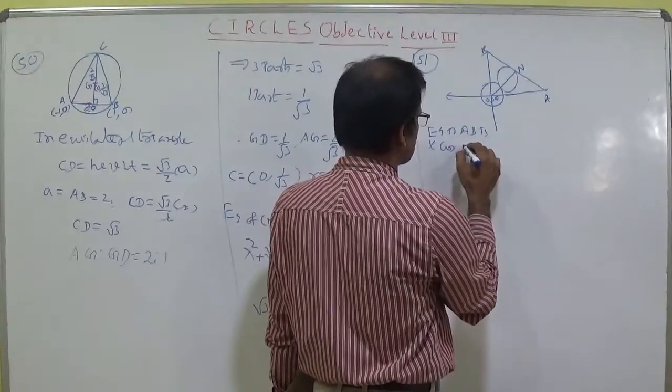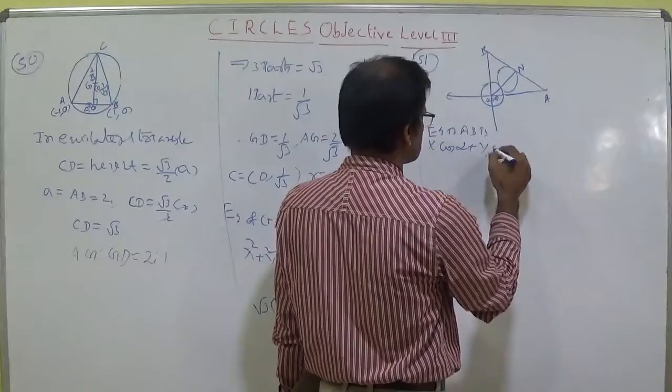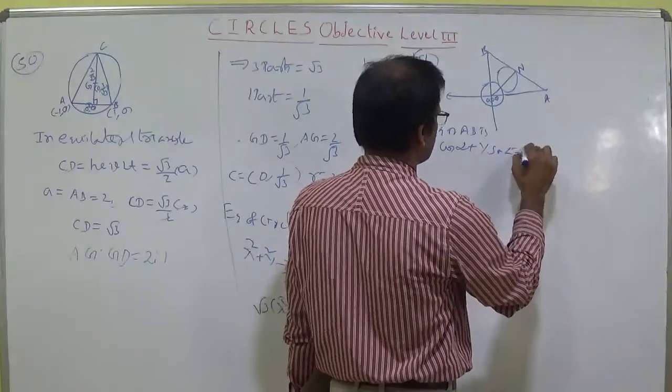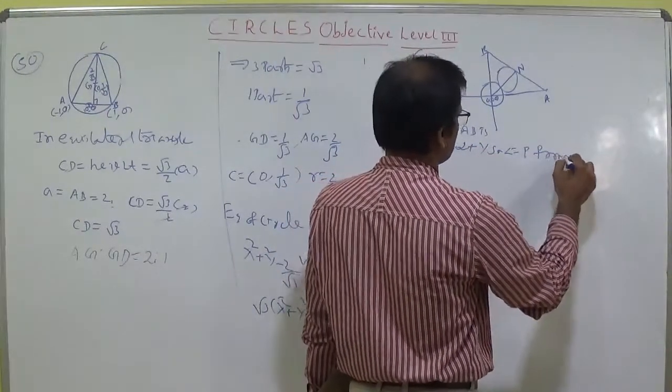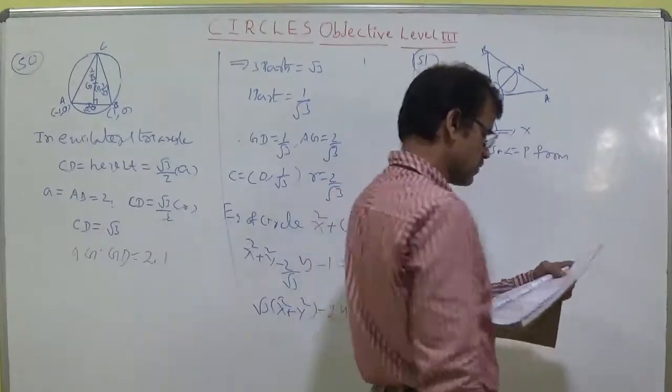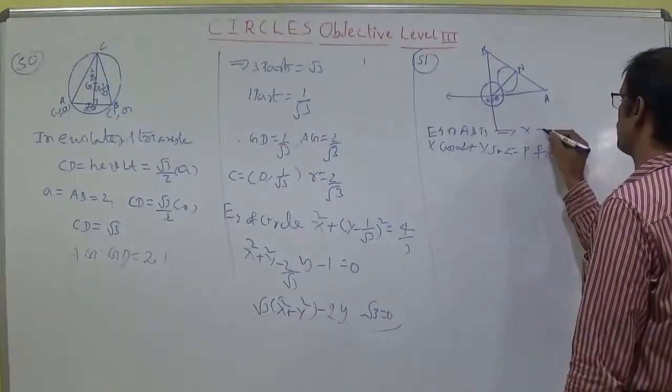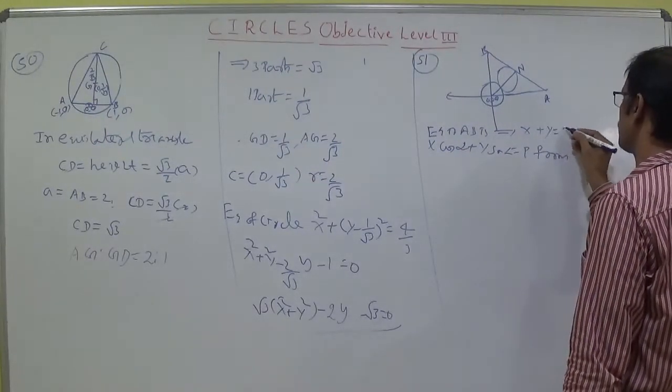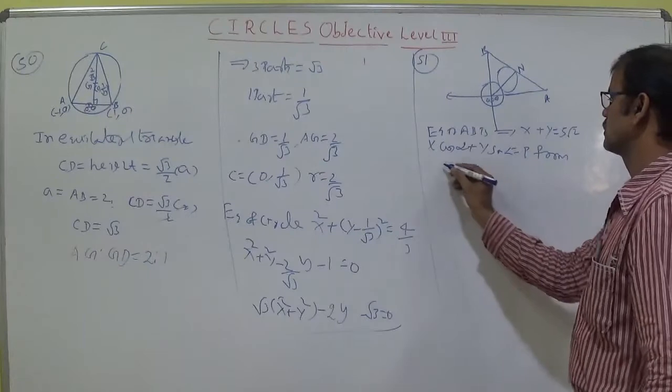Equation of AB is x cos alpha plus y sin alpha equal to P form, I am writing. The line given is x plus y is equal to 5 root 2.